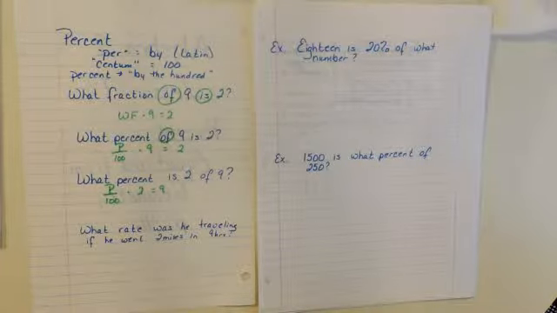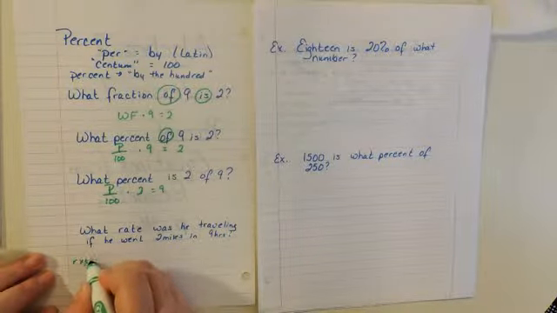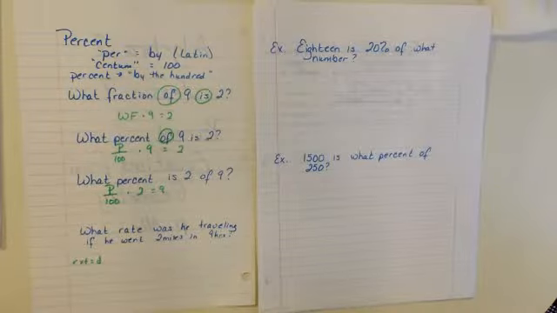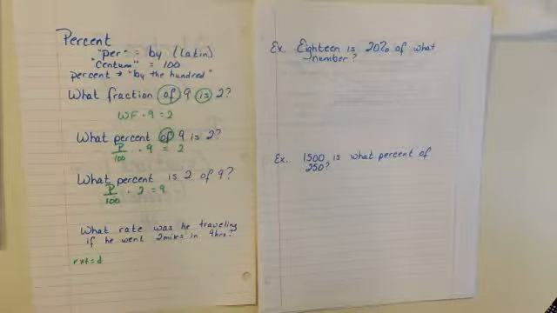Here's something a little bit different. What rate was he traveling when he went 2 miles in 9 hours? We know that rate times time equals distance. When we're talking about rates, we're talking about speeds. If you're driving down the highway, the speed limits are in miles per hour. So your rate is 30 miles per hour, or 55, or if you're out in the boondocks in Texas, it could be 80 miles an hour.